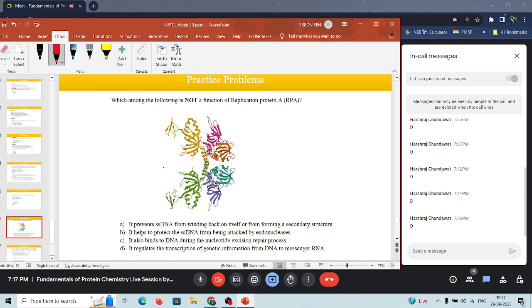It has a 70 kilodalton subunit, a 32 kilodalton subunit, and another subunit of 14 kilodaltons, along with different folds. Basically, it has 6 oligonucleotide/oligosaccharide binding folds that enable the binding of oligonucleotides and oligosaccharides, with different DNA binding domains.